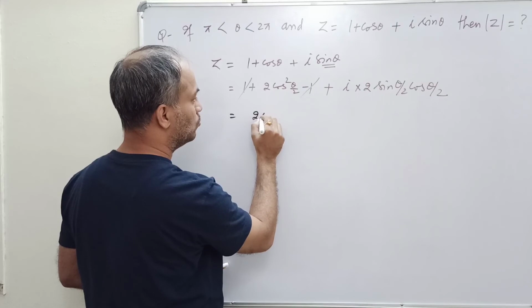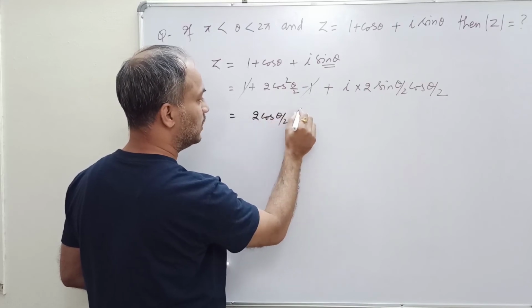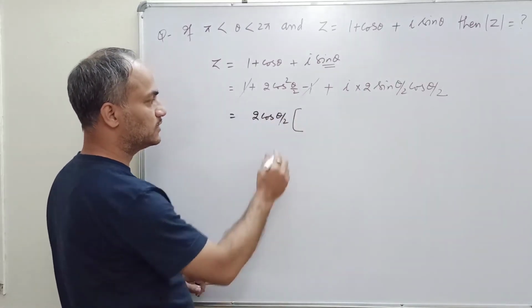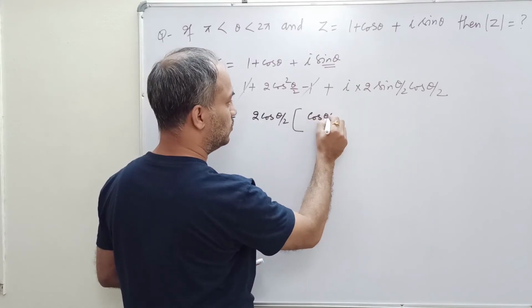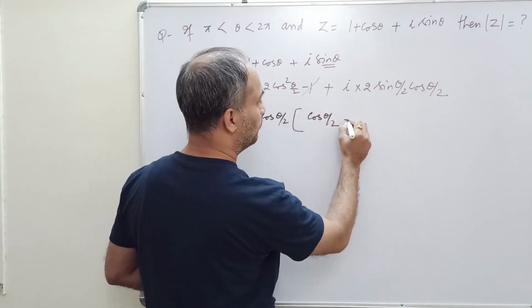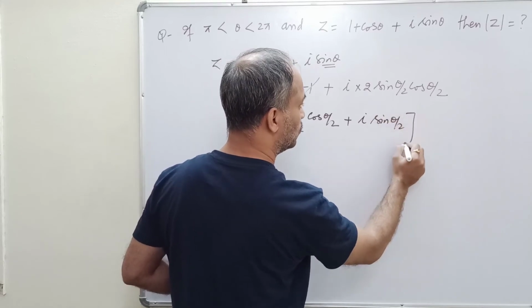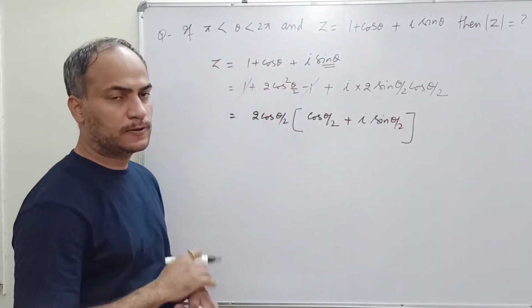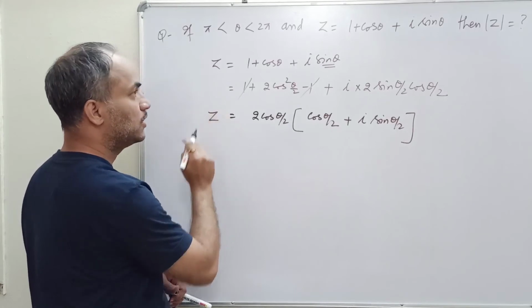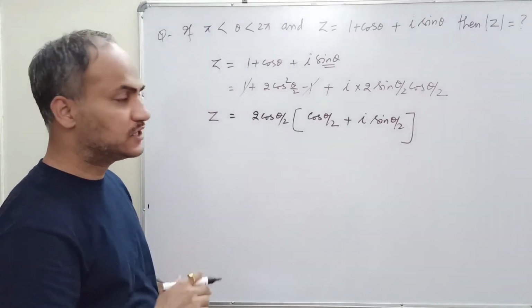Yes, 2 cos theta by 2 can be taken common. So what we get? 2 cos theta by 2 times cos theta by 2 plus I sin theta by 2. This is z. Now we have to find modulus of z.